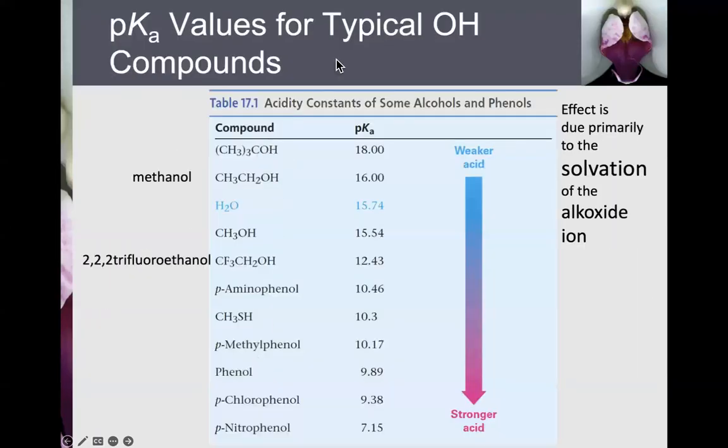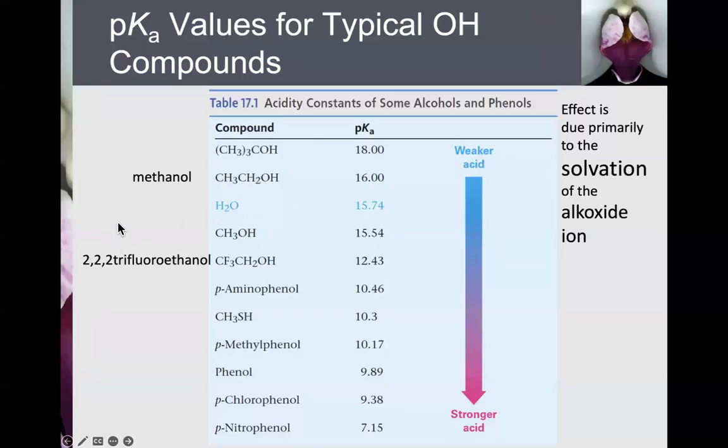So here as shown in table 17.1, simple alcohols like methanol and ethanol, they are as acidic as water. But yung alcohol na more highly substituted like tert-butyl alcohol, meaning mas weaker acid siya.